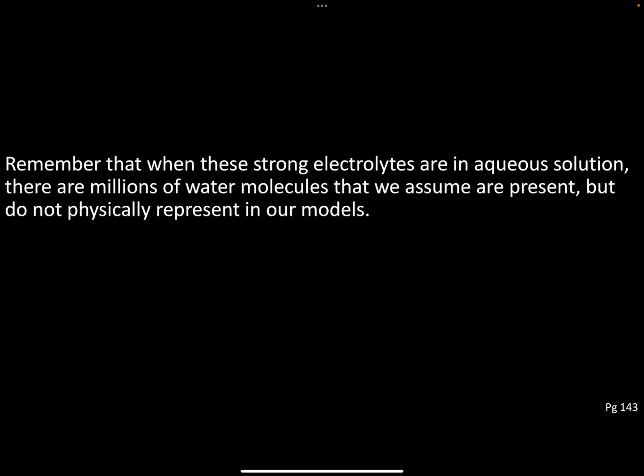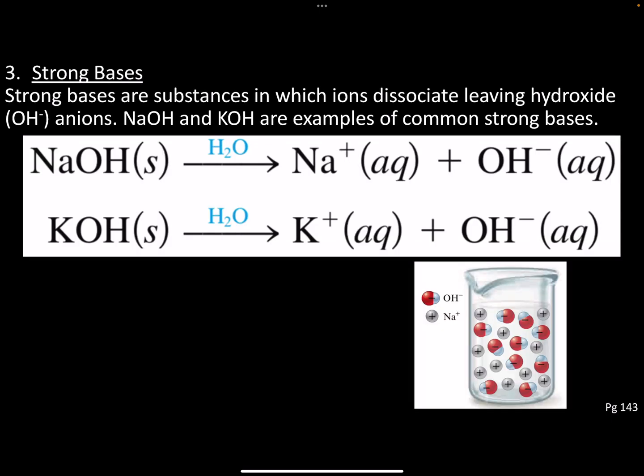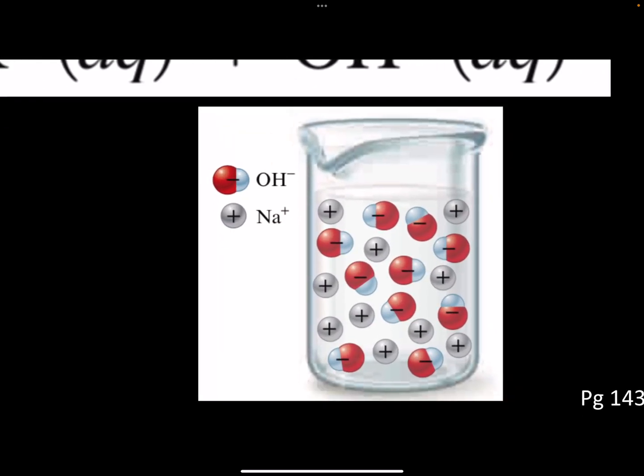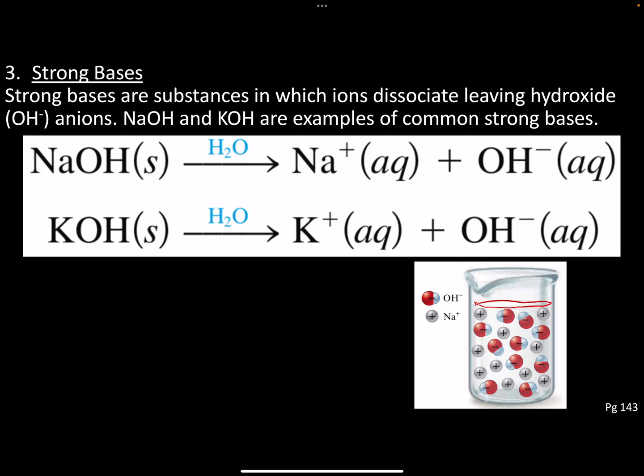Remember that when these strong electrolytes are in aqueous solution, there are millions of water molecules that we assume are present, but we don't physically represent them, right? So these are being constantly surrounded by water molecules, but we're not showing that. You can see the top of this liquid right here. That's kind of representing, hey, there's water. Don't forget there's water, okay?